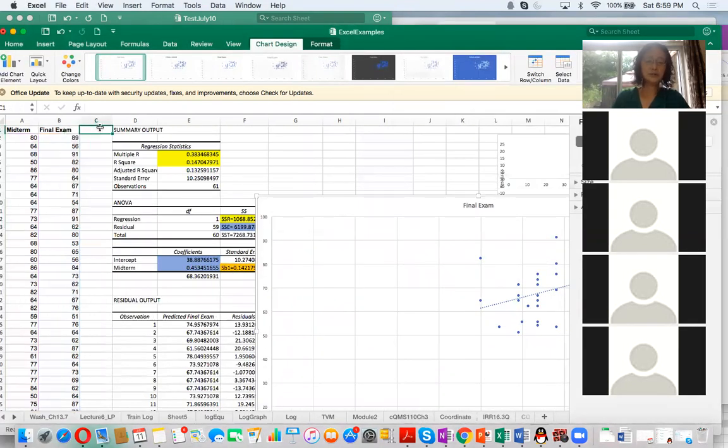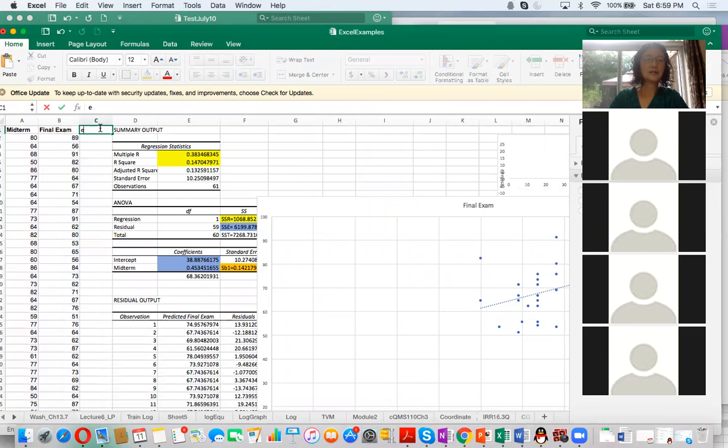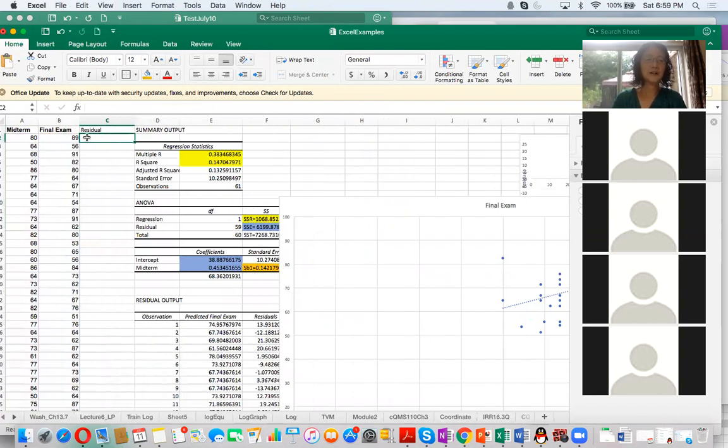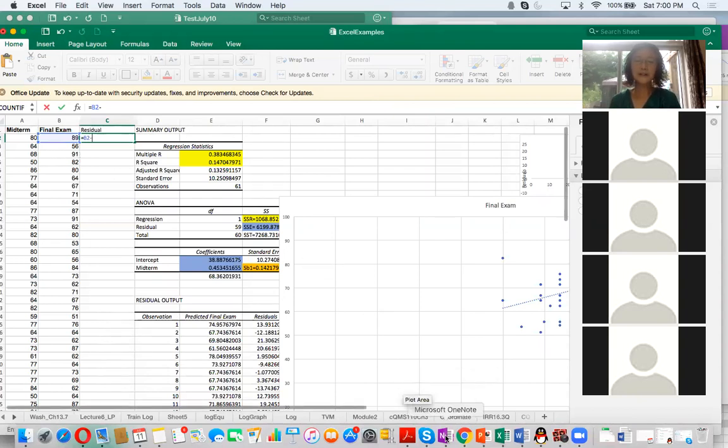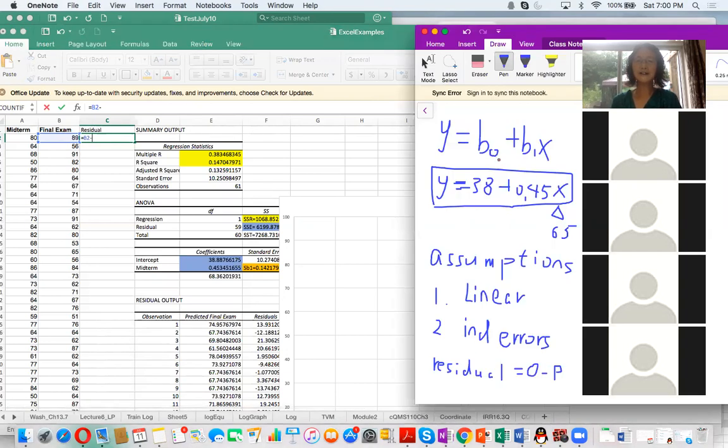So I'm going to do residue here. Okay, so the residue is observed Y, 89, minus predicted Y. Remember when you do the prediction, you use this linear regression function to do the prediction.